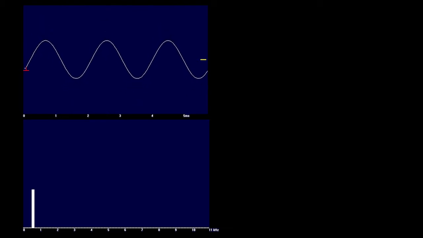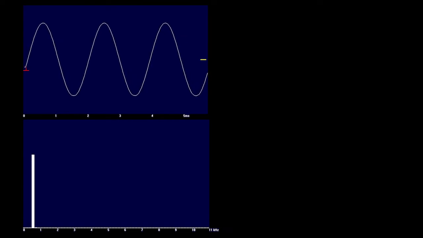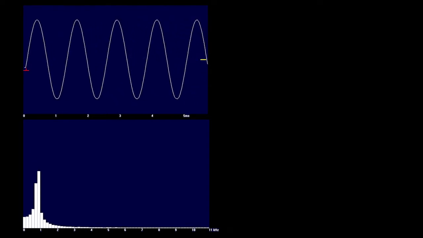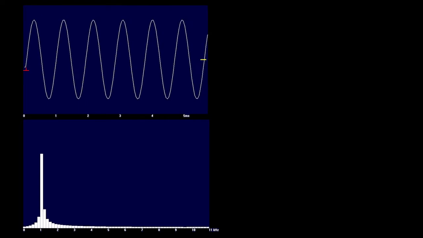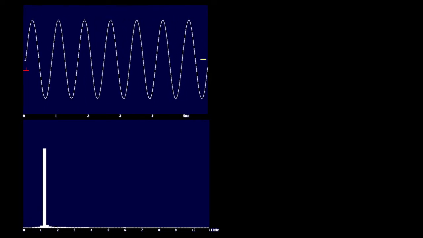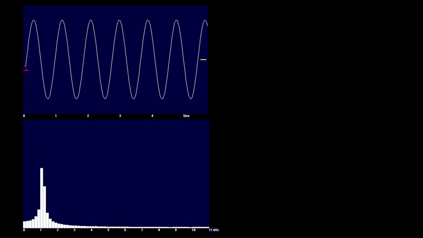If I change the amplitude of the input, then the amplitude of the line in the spectrum changes proportionally. If I now change the frequency of the input, then the position of the line in the spectrum changes. Higher frequencies, the line moves to the right. Lower frequencies, the line would move to the left.